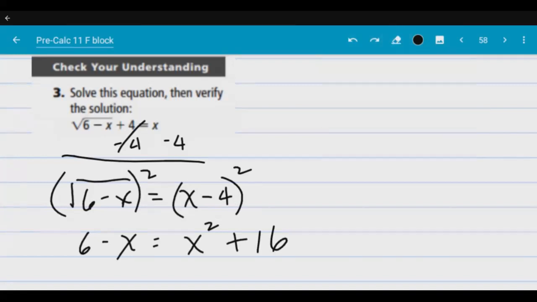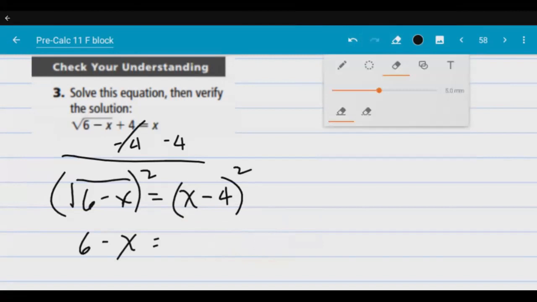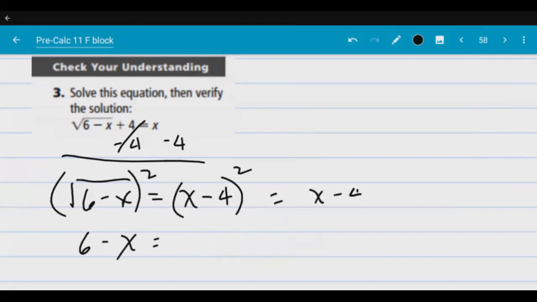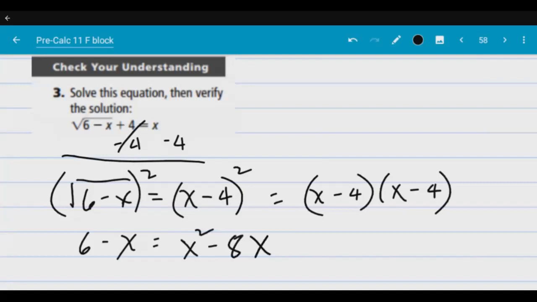Because to be able to square this binomial, you are multiplying x minus 4 by itself. So what you should have is this, x minus 4 times x minus 4, right? That's what's actually happening. So that would be x squared minus 4x minus 4x, that would be minus 8x, negative 4 times negative 4 plus 16.